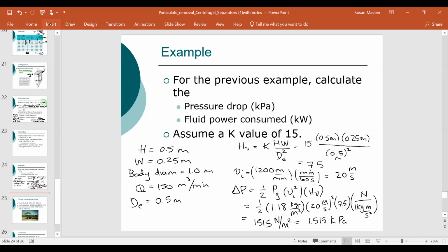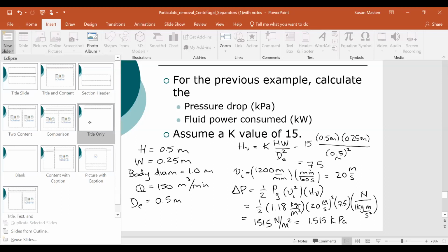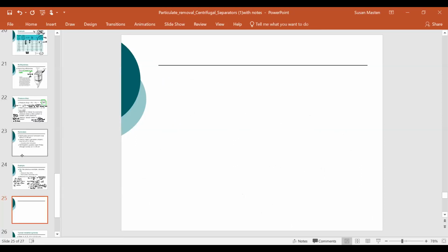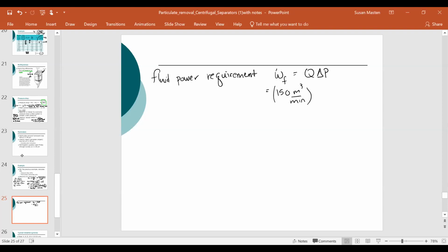I'm going to add a slide in here, so we just have a little more space. We can now calculate the fluid power requirement. And we said that this is equal to Q times delta P. Q is given as 150 meters cubed per minute.